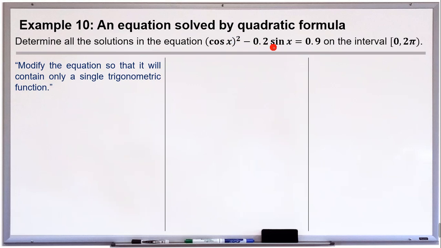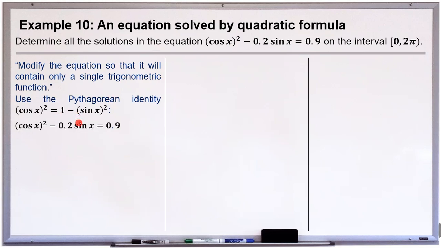So it is very difficult to convert sine x alone into some cosine x. So the best way here is to convert cosine x squared into sine x squared using the Pythagorean identity, and that is a much easier choice. So use the Pythagorean identity. We all know that cosine x squared is equal to 1 minus sine x squared.